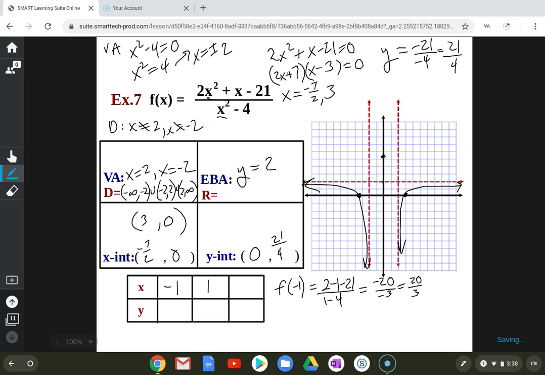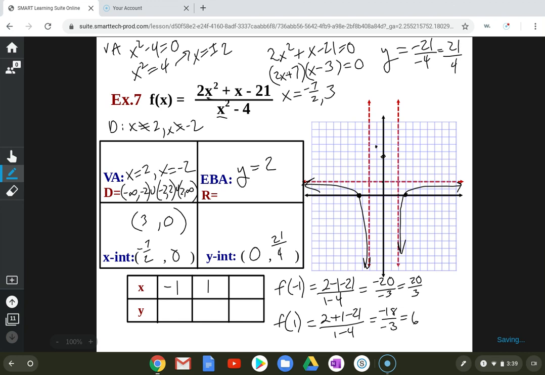So 6 and 2 thirds, so we're at 1, 2, 3, 4, 5, 6, a little higher. That's hard to see. There we go. And then f of 1, 2 plus 1 minus 21 over 1 minus 4. So 3 minus 21, so negative 18 over negative 3, so 6.